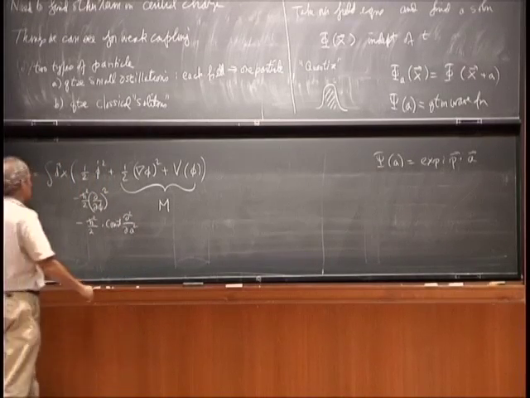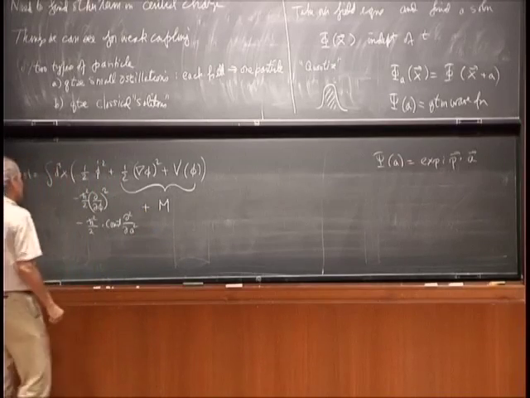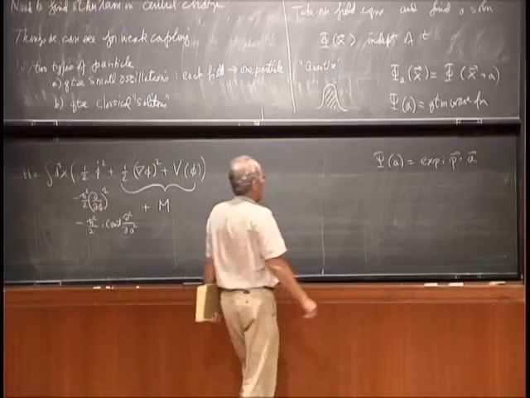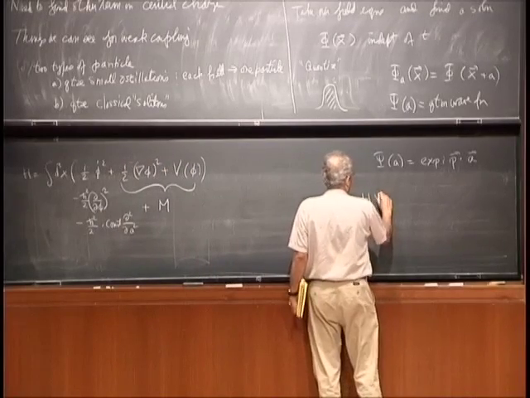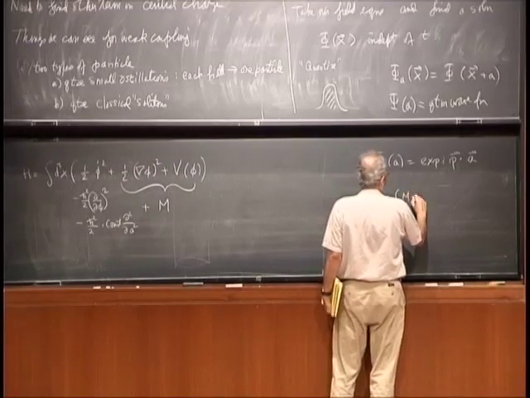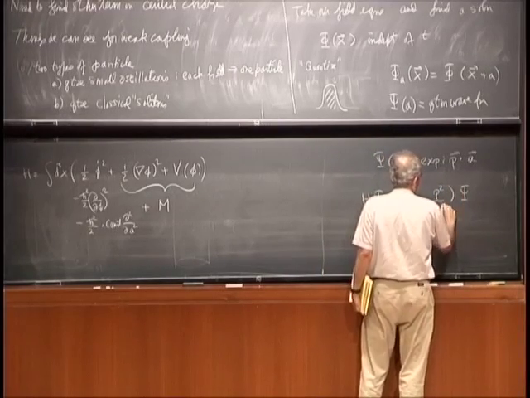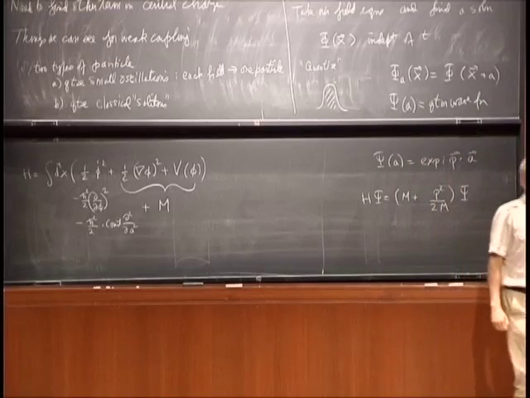So our Hamiltonian will be a constant m plus the second derivative with respect to a, and acting on psi, it will then give m plus a constant times p squared times psi. And hopefully the constant will come out to be 1 over 2m.